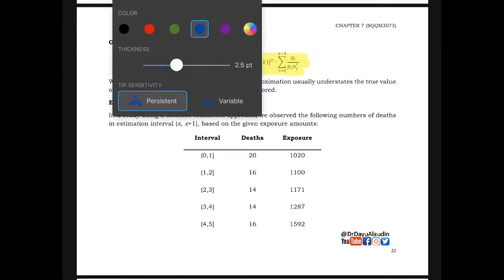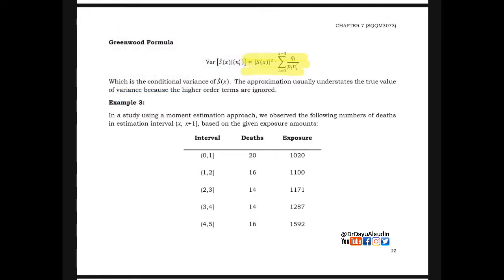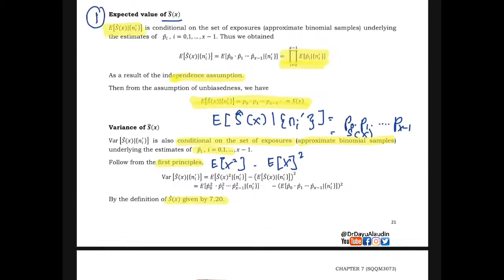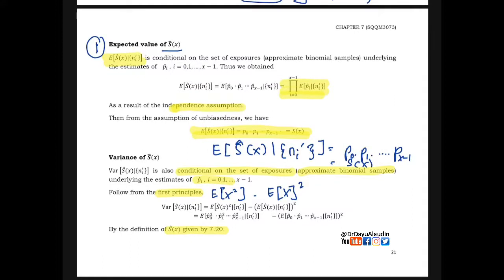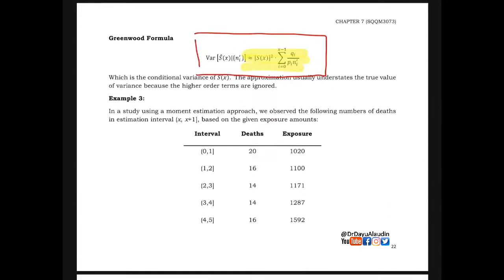So the important formulas you have to know in this subtopic are how to find the variance and how to find the expected value. So only two formulas that you have to know for this subtopic. So we try example 3.